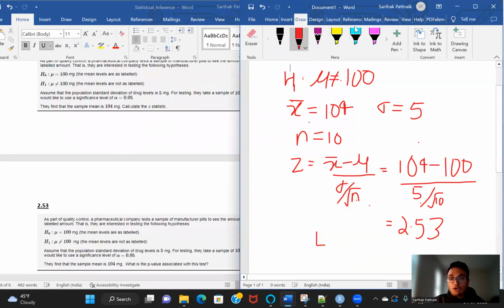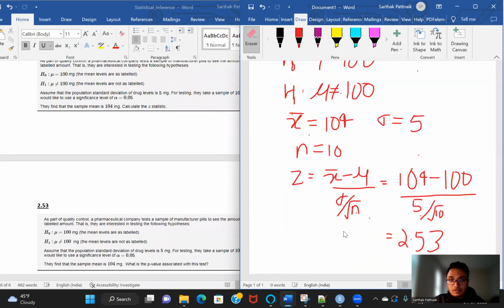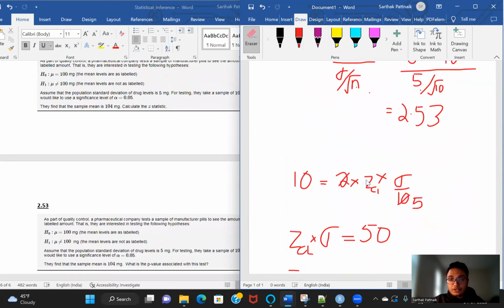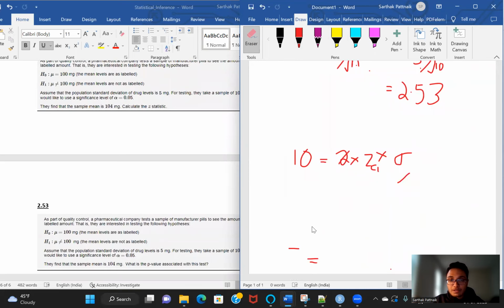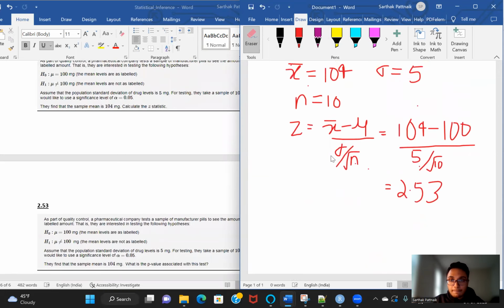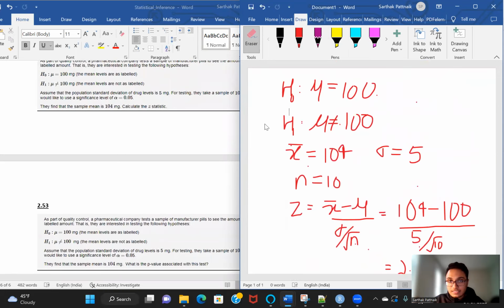So you've already calculated your Z statistic, which is 2.53. You now need to go ahead and calculate your p-value. Now, the p-value for this test will be what? As you can see, we need to find evidence for population mean not equal to 100, which means we are interested in calculating the probability of both sides of the aisle, greater than as well as less than.